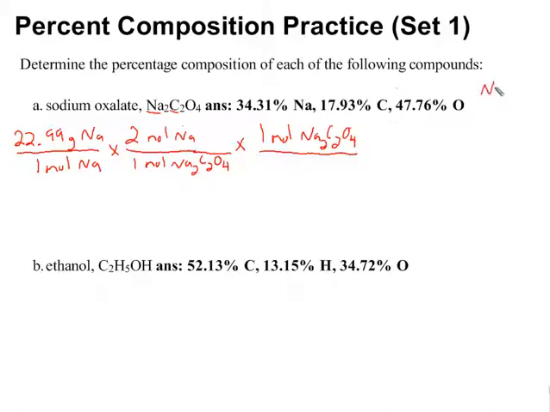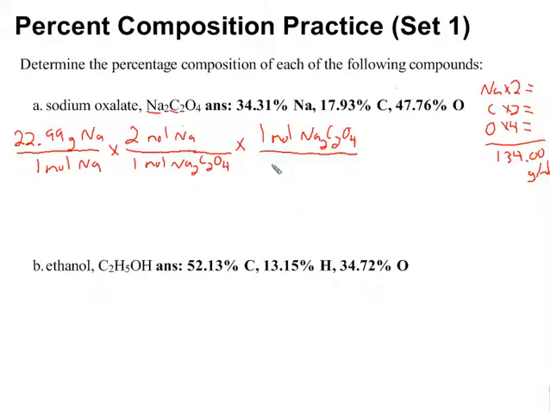Off to the side, you do Na times 2, which gives you a mass, C times 2 gives you a certain mass, and O times 4 gives you a certain mass. When you add all of that up, you end up getting 134.00 grams per mole. You may be off by a tenth or a hundredth, and that's just due to rounding. That's okay if you're slightly off. Different periodic tables will have slightly different values.